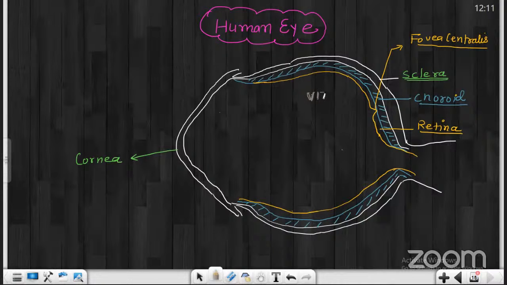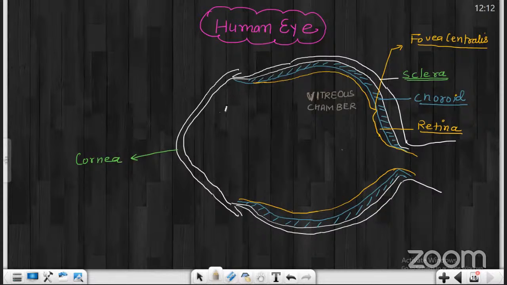Right? So vitreous chamber is this. Jelly like होता है. This whole structure is vitreous chamber.